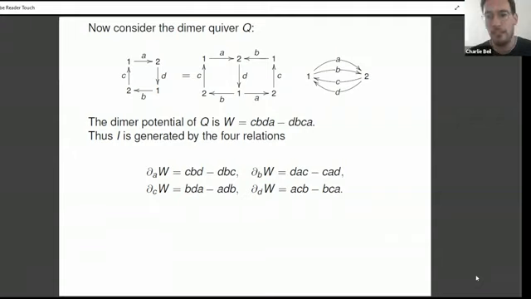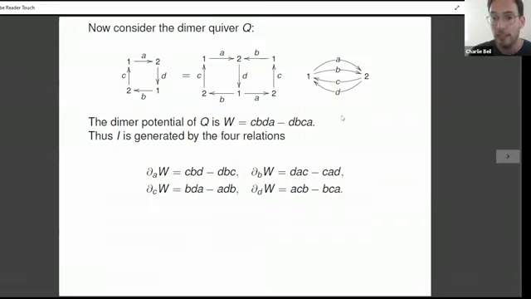Okay, so this dimer quiver just consists of 2 vertices instead of 1 and 4 arrows. If you make the fundamental domain like this, you can draw it this way, or you can draw it with 2 so you can see both unit cycles. There are just 2 unit cycles up to cyclic equivalence.